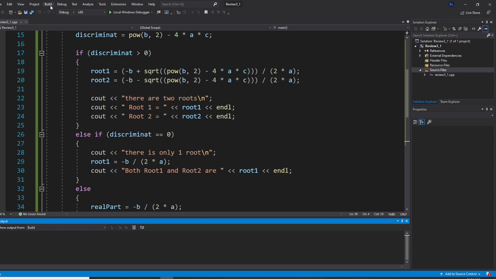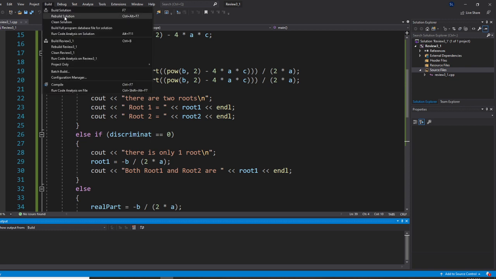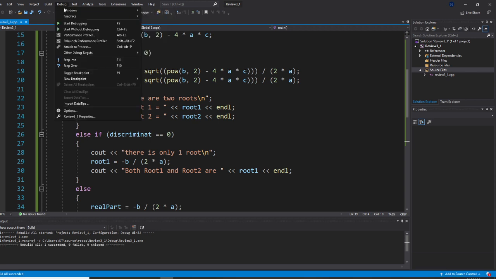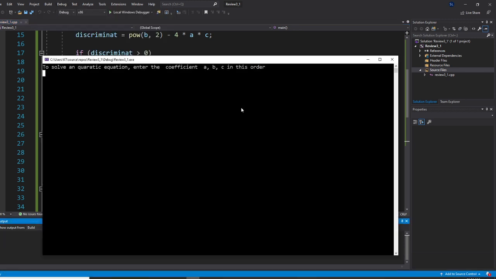Let me try it. Build it, rebuild it, and start without debugging. This is 1, 0 and -4. So this one still has two roots, that's correct.